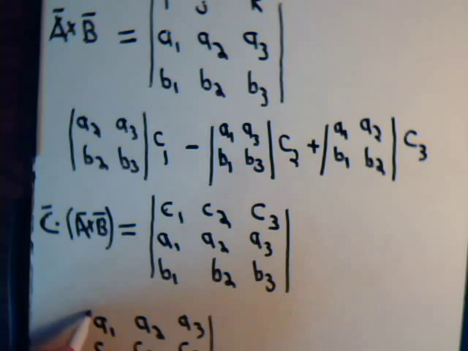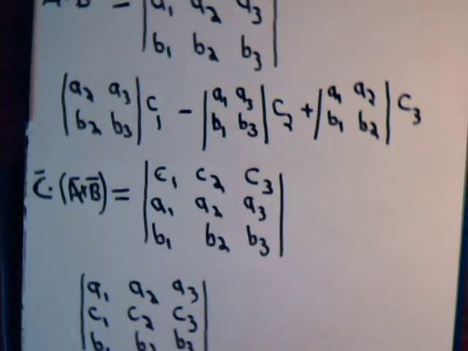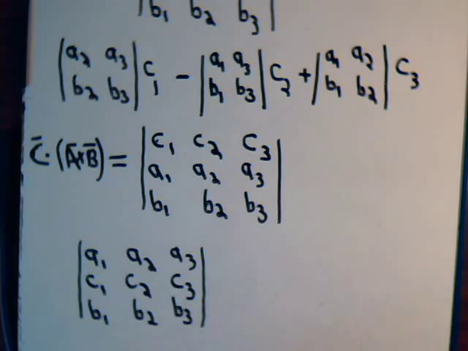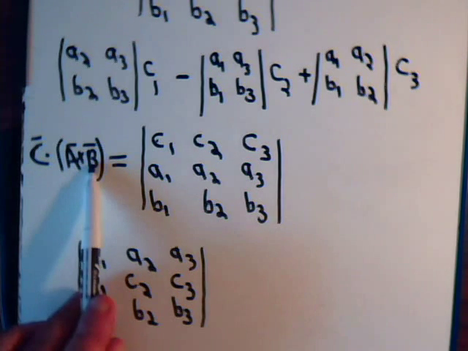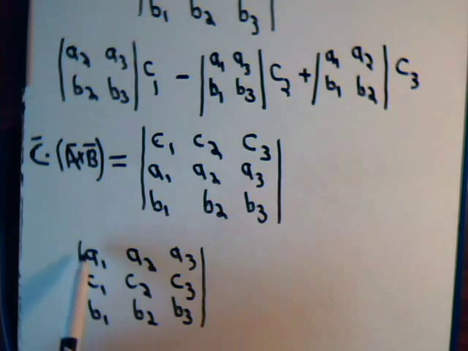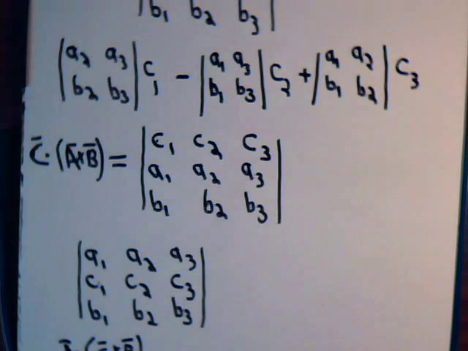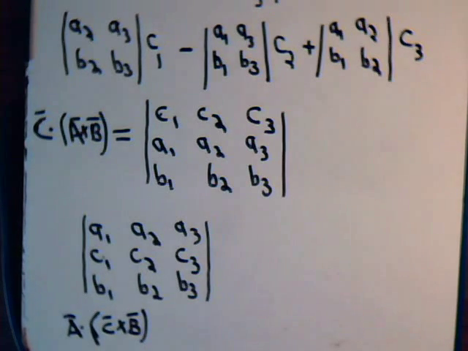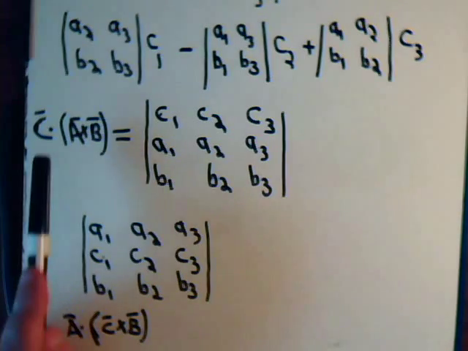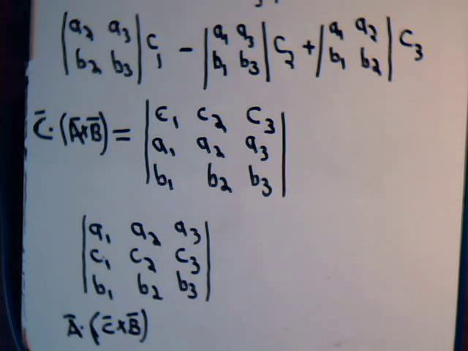If the determinant had this pattern, all we did was put A on top and have the C components underneath. But if we follow the same pattern, then this would be A dot C cross B. Following the same pattern between this scalar triple product and this determinant.